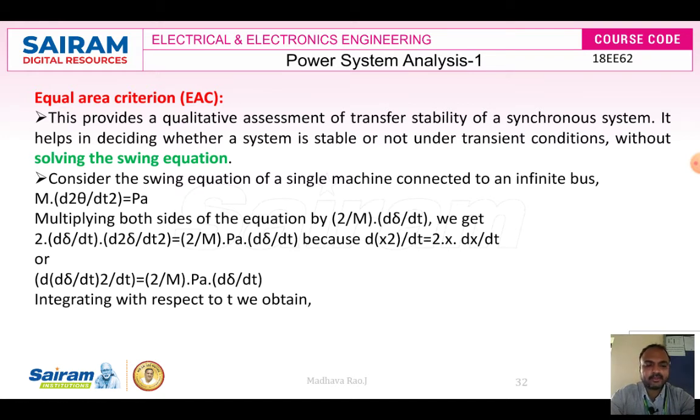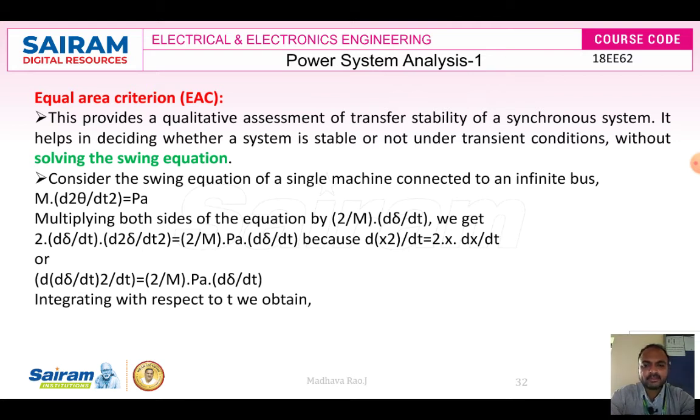So, the advantage of EAC is that without solving the swing equation, we can say whether the system is stable or unstable. This we can find out using the equal area criterion.